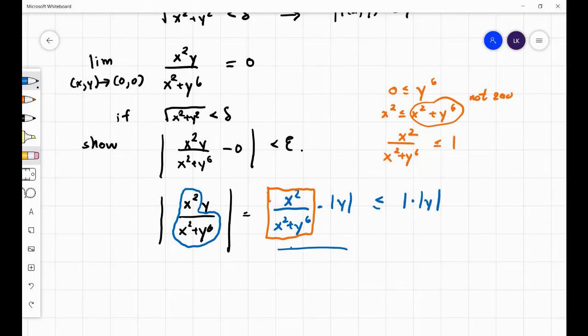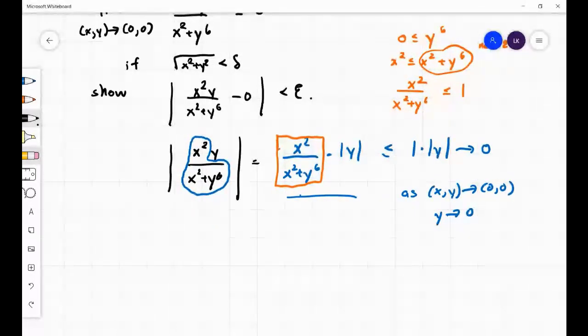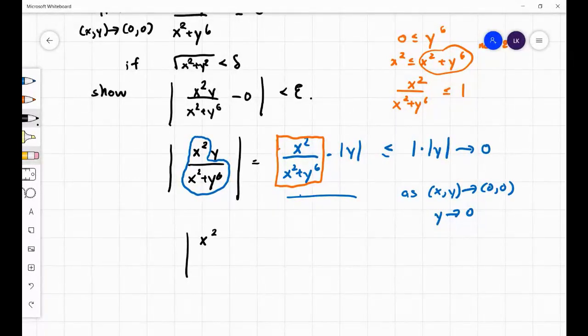Okay. Oh, I think this is what I wanted to mention. Well, you can stop right there because what happens as we approach the origin, right? y has to eventually approach 0, right? If we're going to the origin. So y has to go to 0. So right away you see that this would go to 0 as we go to the origin. So in a sense, it's a squeeze theorem. Let me be more formal about it.